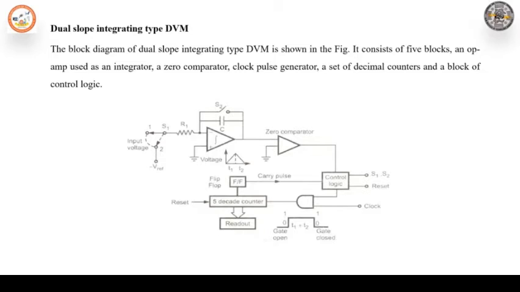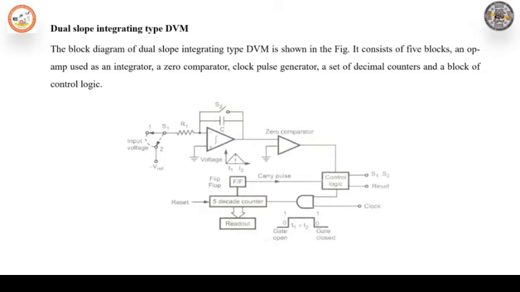After the interval T1, the input voltage is disconnected and a negative voltage -Vref is connected by throwing the switch S1 to position 2. In this position, the output of the op-amp is given by Vout = -Vref T2 / R1C. Thus, the input voltage is dependent on the time periods T1 and T2 and not on the values of R1 and C.